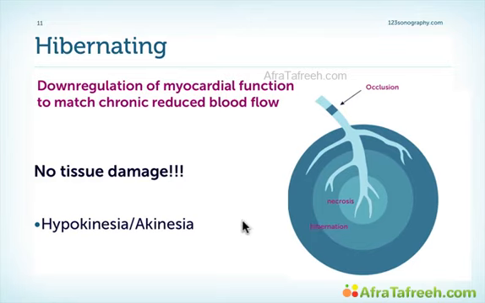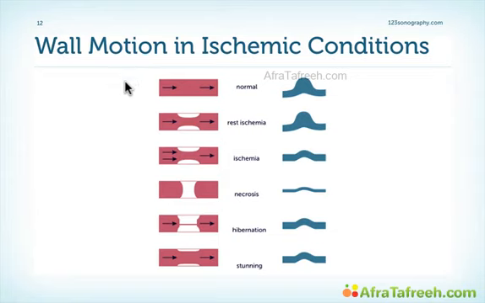We see the same thing in echocardiography as with stunning. We see a normal wall thickness, which shows hypokinesia or akinesia. This shows you the different states of perfusion and what happens to the corresponding myocardial segments. If perfusion is normal, we have a normal contractility of the myocardial segment with normal thickening.